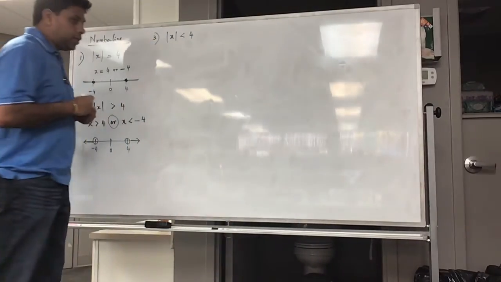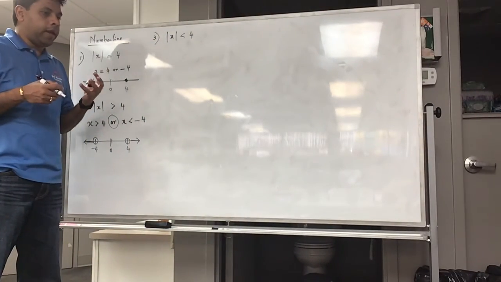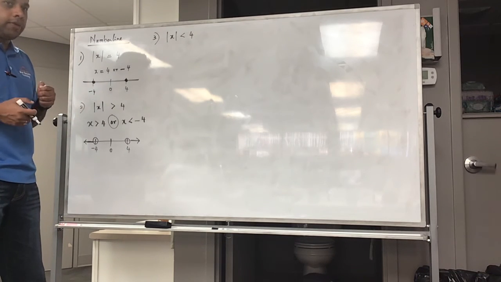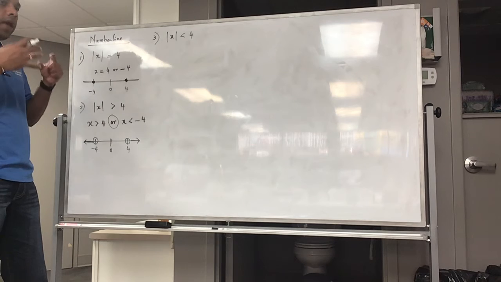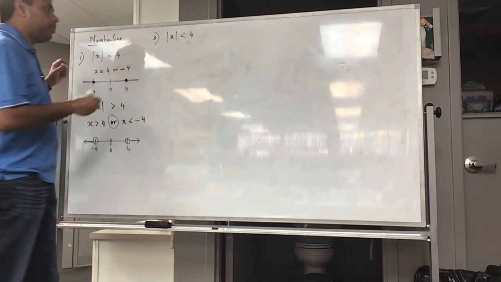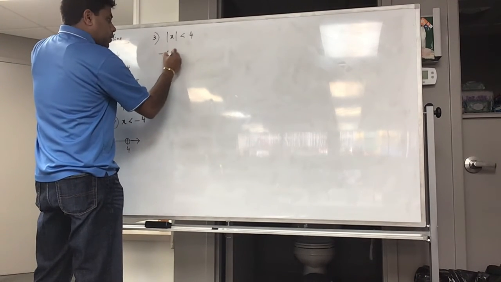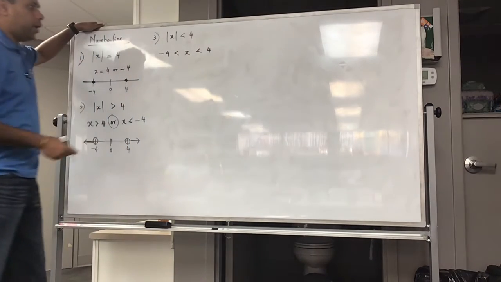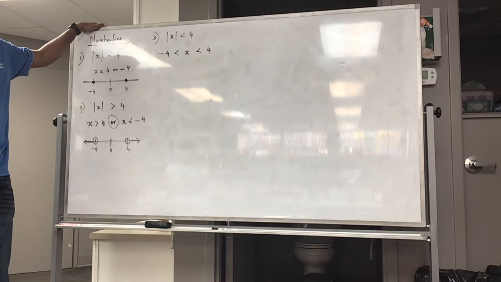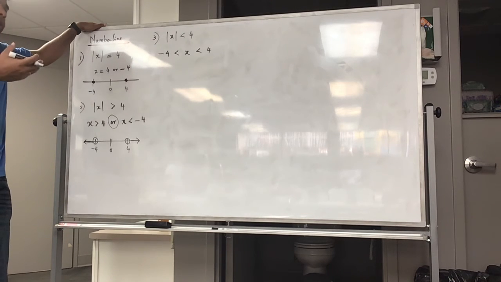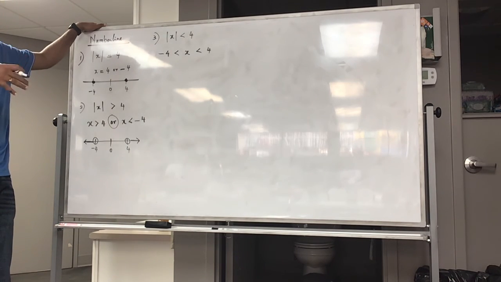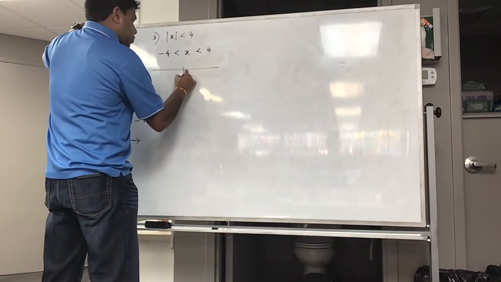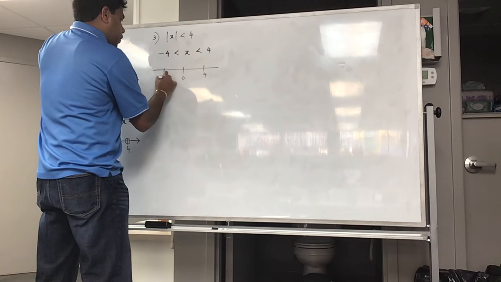So when you have less than 4, it's saying whatever is the value of x, it should be less than 4. 0 is less than 4, 1 is less than 4. So we have limited values of x. So negative 4 is less than x less than 4. So x is between negative 4 and 4, where if we take the absolute value of it, it still is less than 4. Make sense?